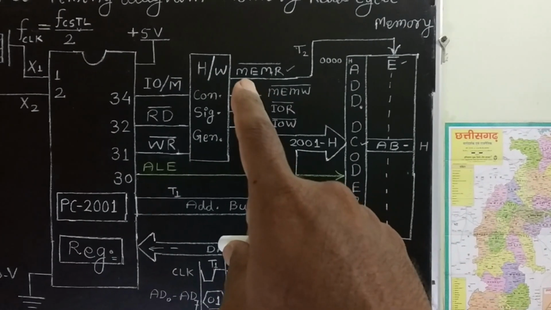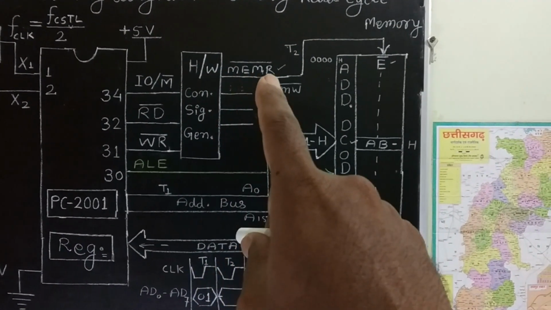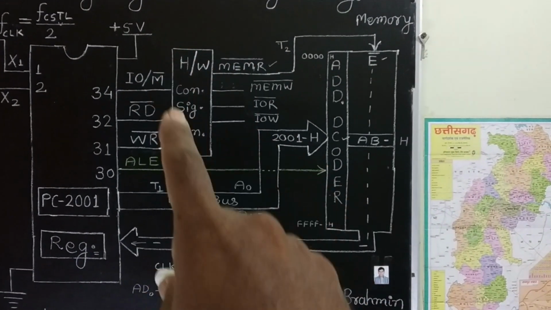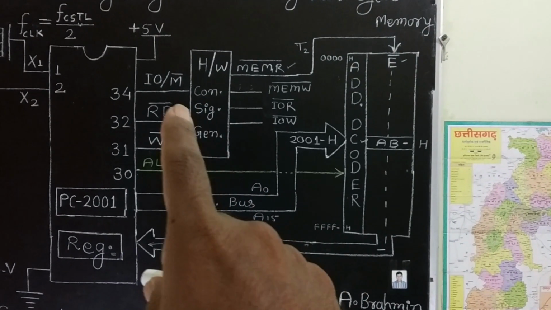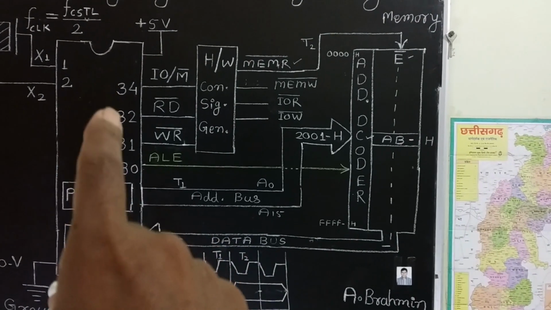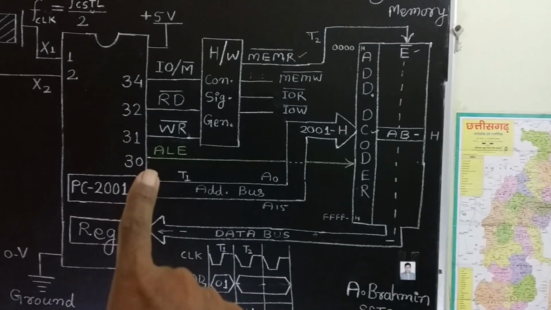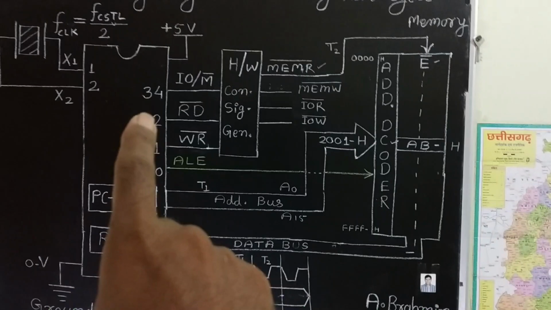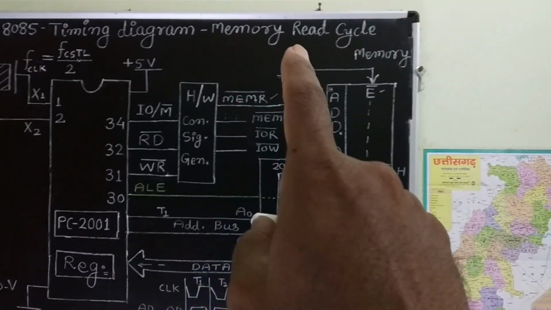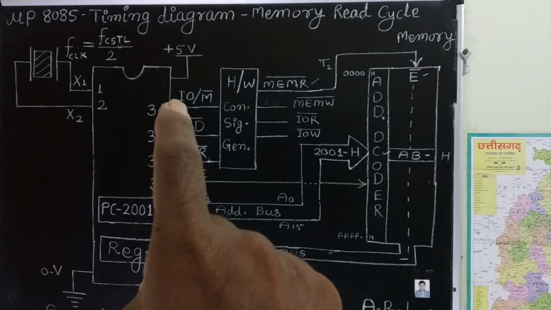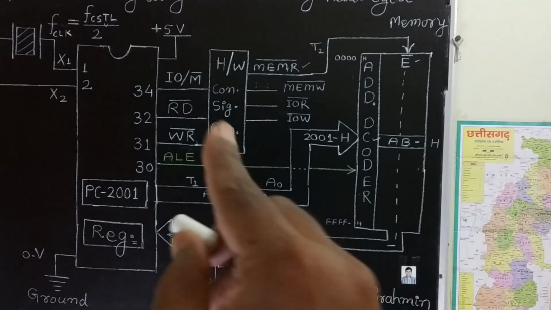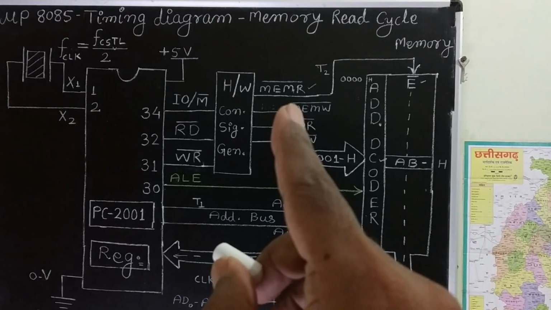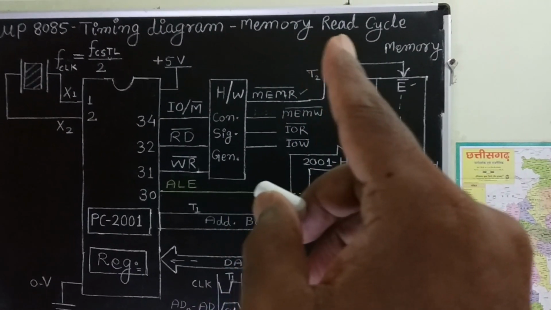And whenever the memory read signal is generated from the control signal hardware, which is generated by pins 34, 32, 31 as we have seen, because it is a memory read cycle, IOM bar is activated low, read bar is also activated low, and thus memory read bar is generated.